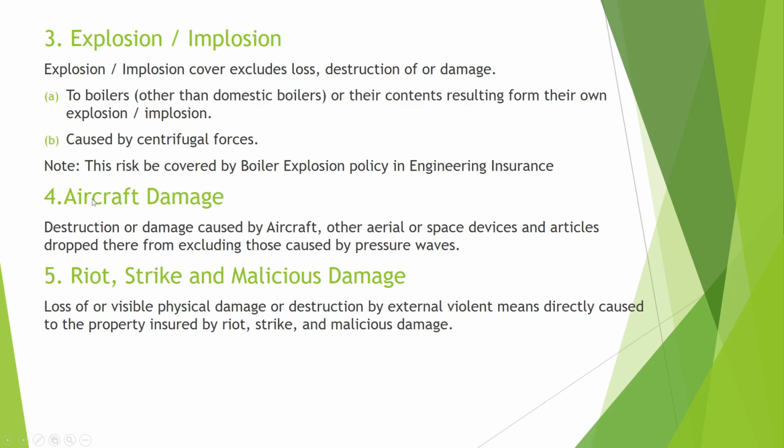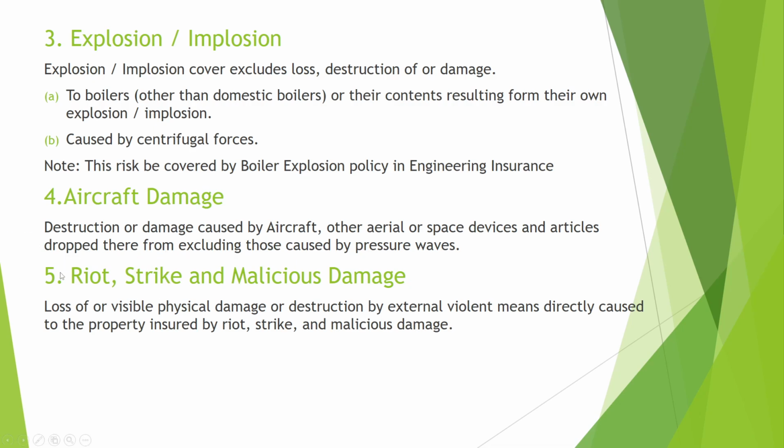Another type of insurance which you can take is aircraft damage. Destruction or damage caused by aircraft or other aerial or space devices and articles dropped from them can be covered, excluding damage caused by pressure waves.